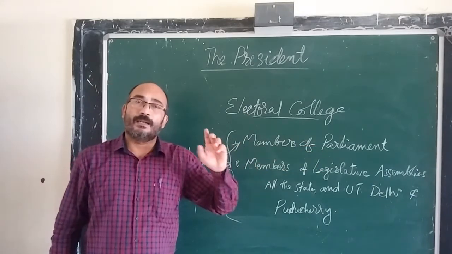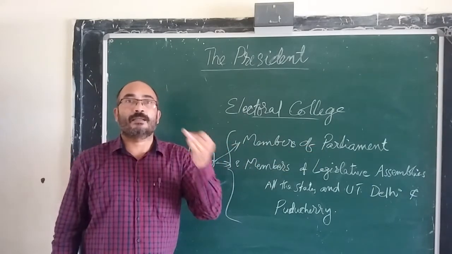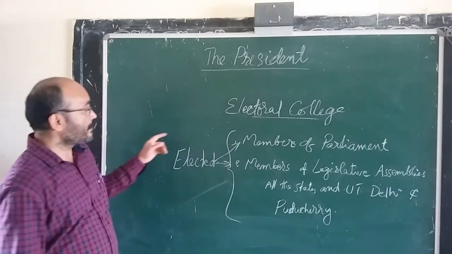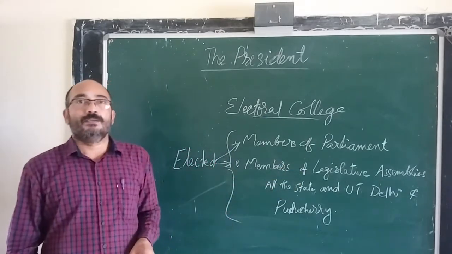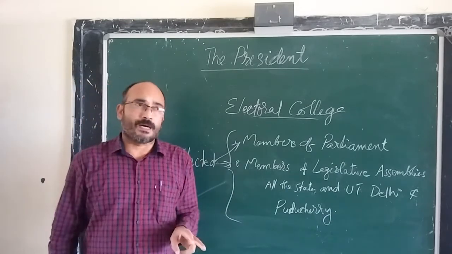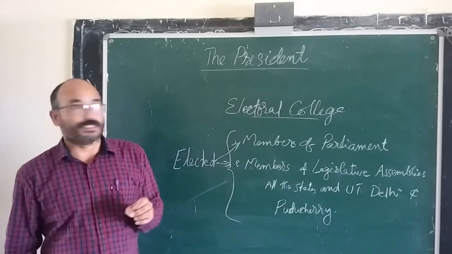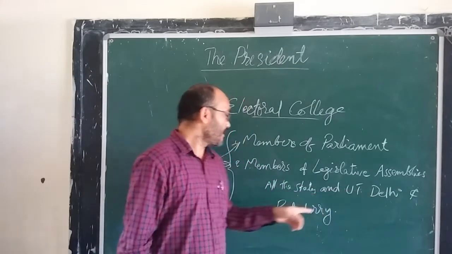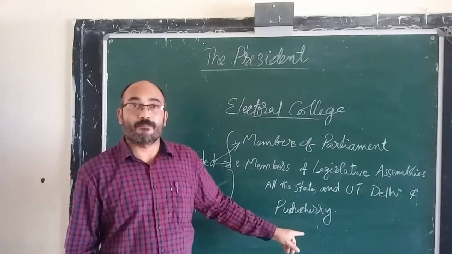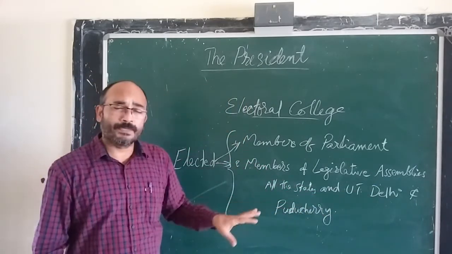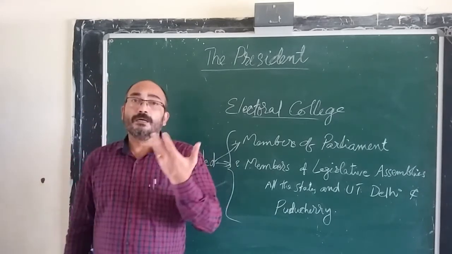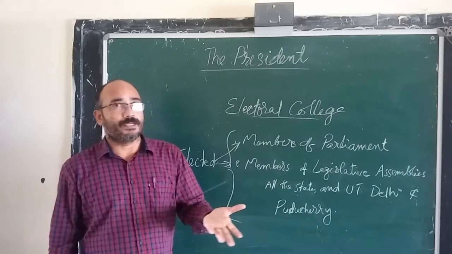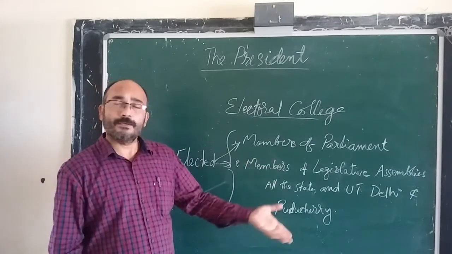Elected members of Parliament means elected members of Lok Sabha and elected members of Rajya Sabha. Then elected members of all the legislative assemblies. Only two union territories have their own legislative assemblies: Delhi and Puducherry or Pondicherry. So, in short, we can say elected members of all the legislative assemblies, including the states and union territories.